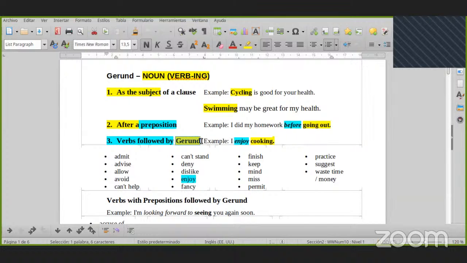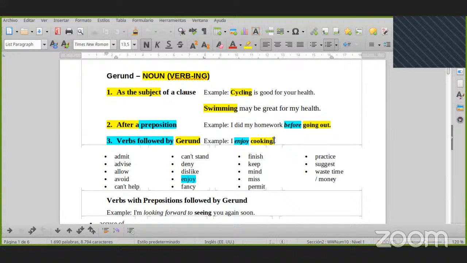Always we have a list of verbs that we use with just gerunds. For example, admit is a verb that we use just with gerunds, or enjoy. Enjoy, this list of verbs works with just gerunds. And after enjoy I have cook with ing, cooking.